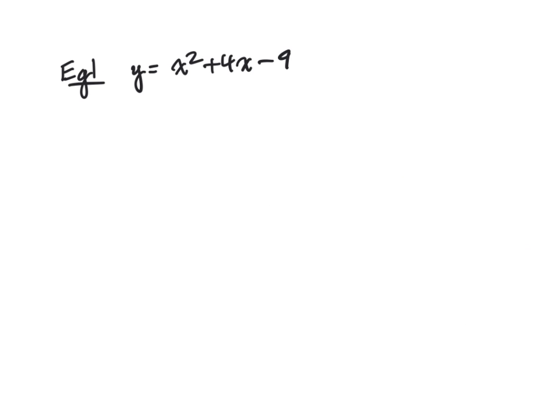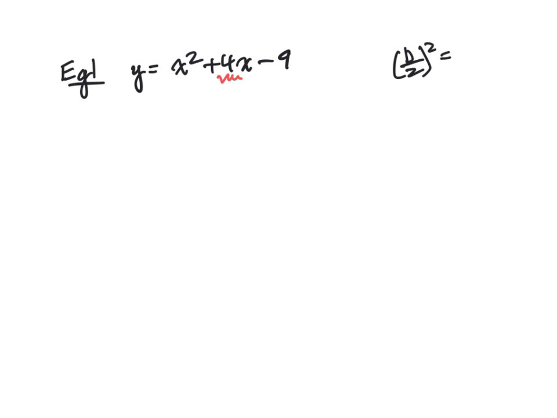So for our first example, we're going to take this equation: y is equal to x squared plus 4x minus 9. Now, like we said, we had to identify the b value in our equation, which is the 4, right? And then we had to do a calculation. So remember, our calculation is b over 2 and square it, right?